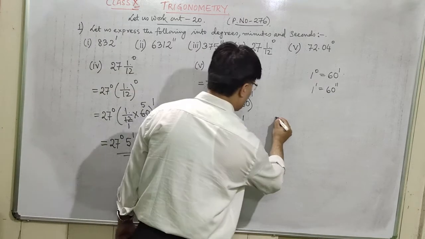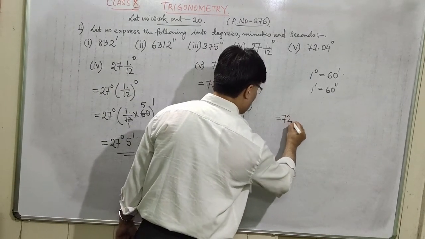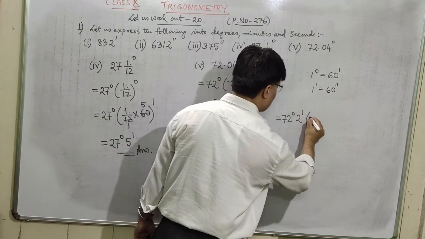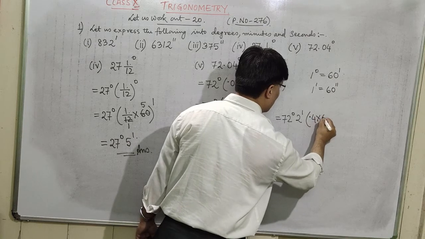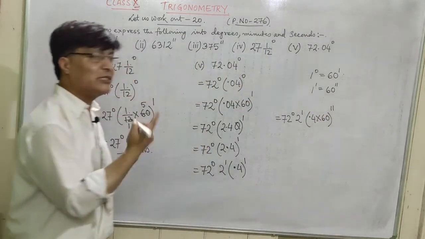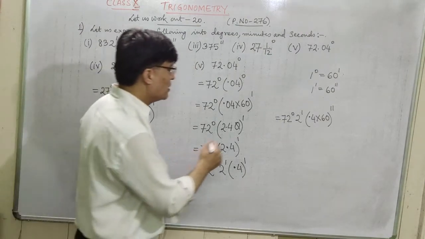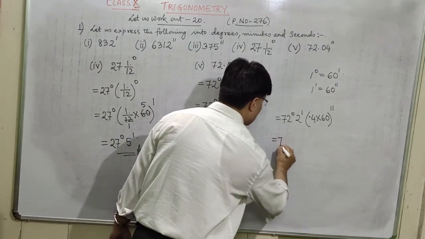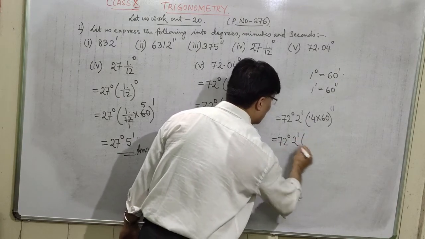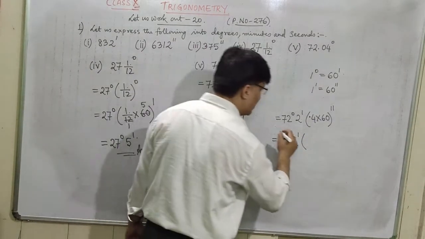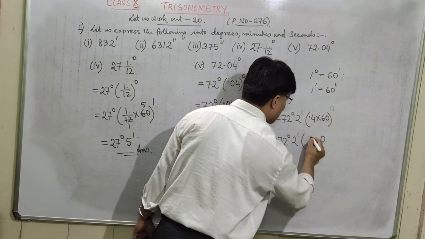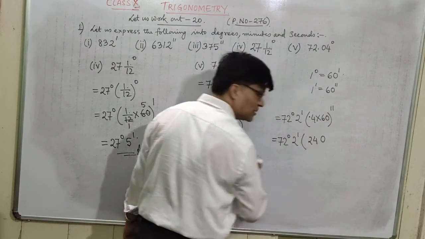So which is equal to 72 degree 2 minutes and within bracket 0.4 should be multiplied by 60 in order to convert it into seconds. So let us simplify it. This is 0 and 6 4s are 24, right?